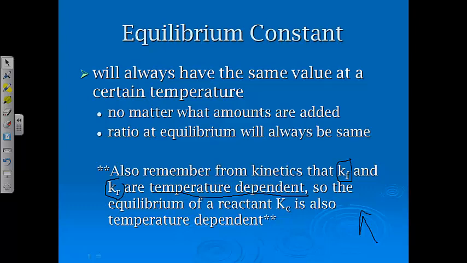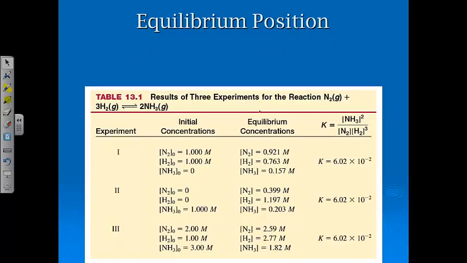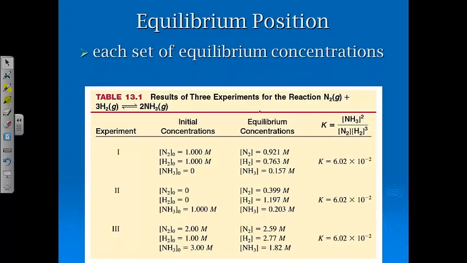If you increase the number of collisions, you're going to increase how much is occurring, how much is reacting, etc. So the equilibrium constant Kc is also temperature dependent, primarily for the same reason. You always will have the same value at the same temperature. No matter what amounts are added, the ratio at equilibrium will always be the same. However, if you change the temperature, you're going to change both lowercase k and capital K.